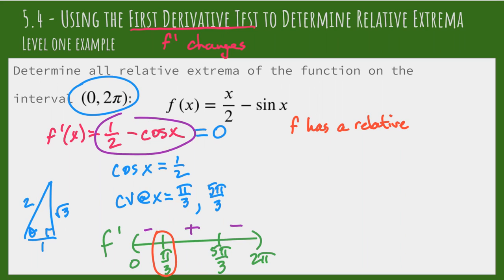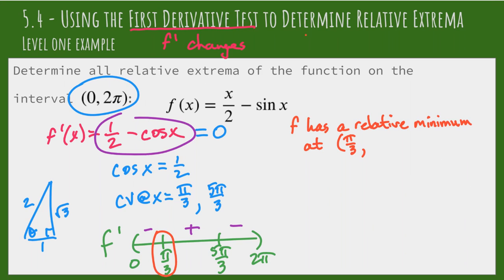Since the function is changing from decreasing to increasing at that point, we're going to get a relative minimum. So F has a relative minimum at, and then it does say find the relative extrema, so we want to find these as points. So this is going to be pi over 3, comma, it's going to be f of pi over 3.